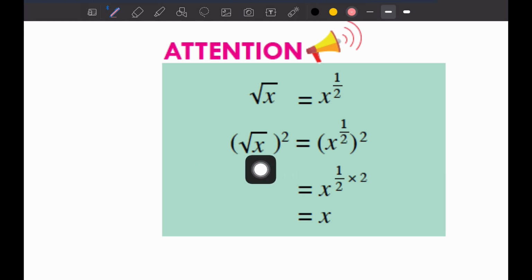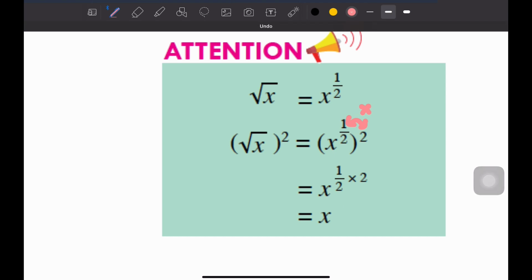We know that square root of x is actually x power of 1 over 2, and then power of 2. Kalau nanti kita belajar index, kalau kita ada kurungan macam ni, ini 2 kita darab. So 1 over 2 times 2 is equals to 1. So dia akan jadi x kuasa 1 sebenarnya. Macam itulah dia akan hilang.